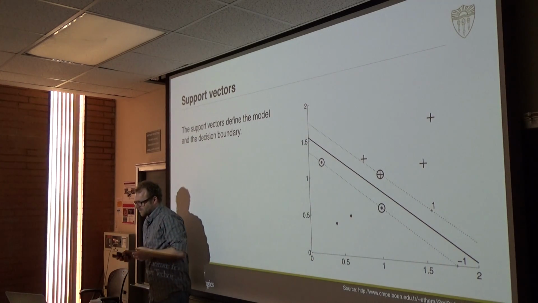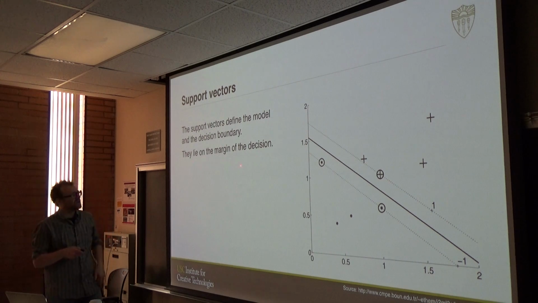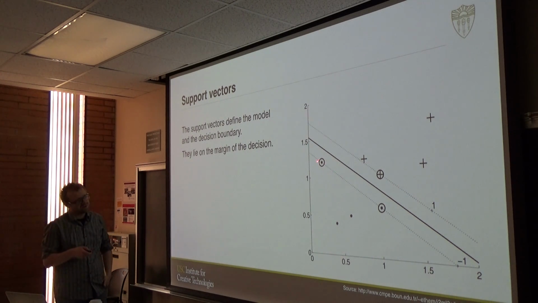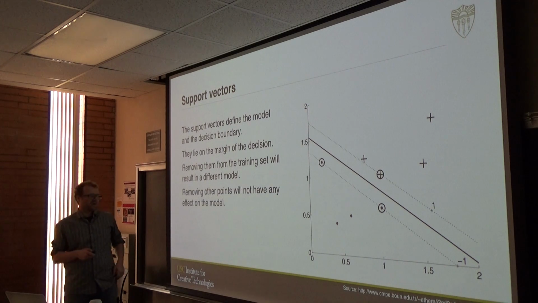So they don't support it. So that's important. The support vectors lie on the margin. You can see that they are actually on the margin, and removing them will change the model, and it will result in a different model. Removing any other points will result in the same model as we have here.